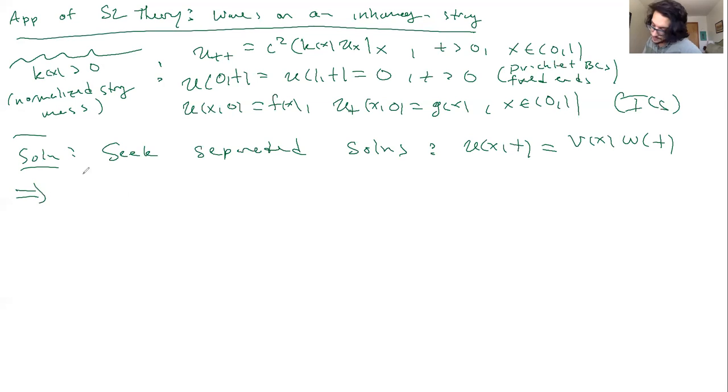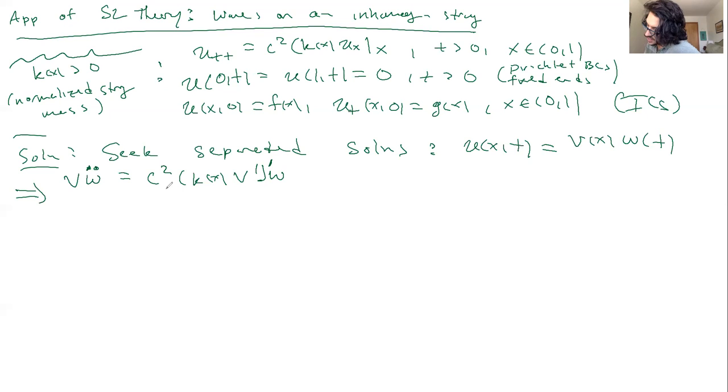If I plug this in, I get v w double prime equals c squared k of x v prime, prime w, right?